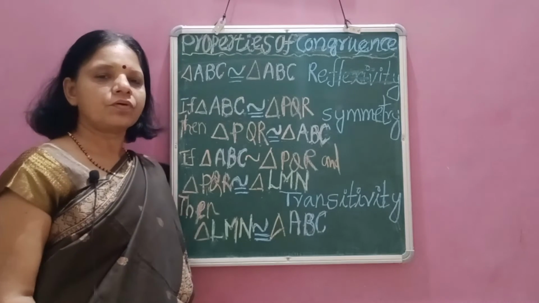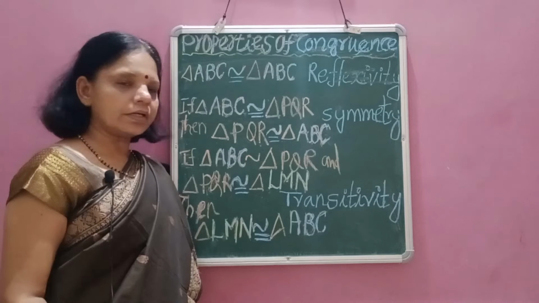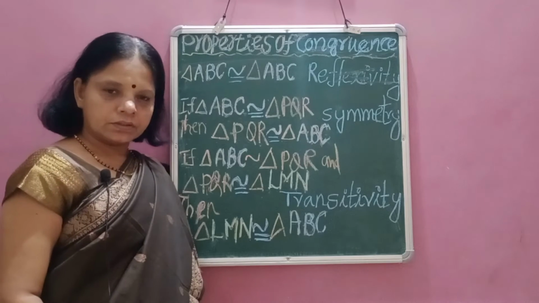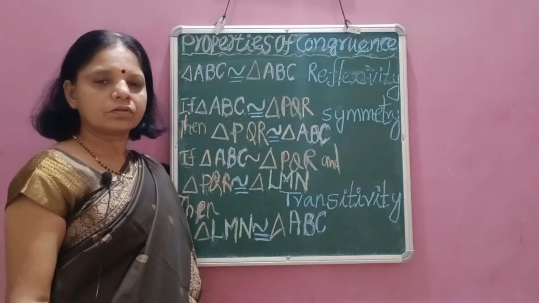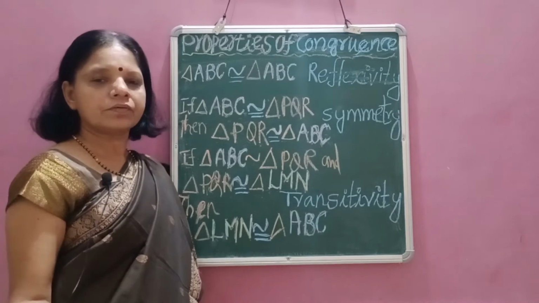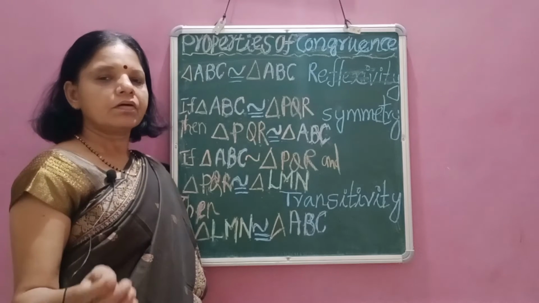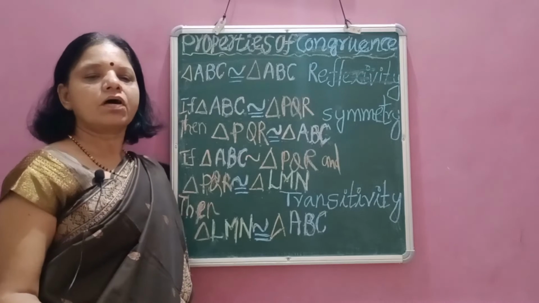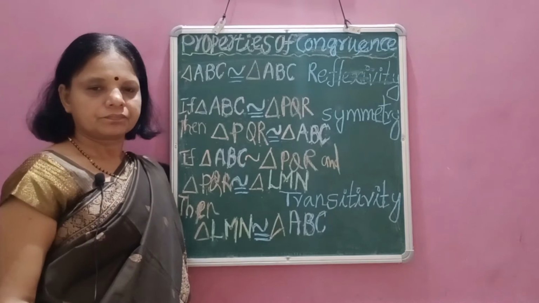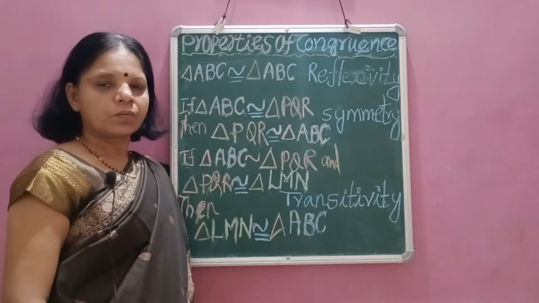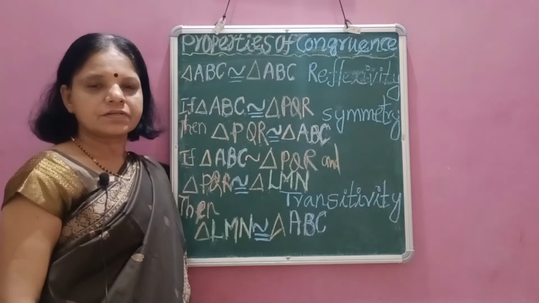This is true when there are more than three triangles also. If the third triangle is congruent to a fourth, and the fourth triangle is congruent to a fifth, etc., then all these triangles are congruent to one another. This property is known as the property of transitivity.